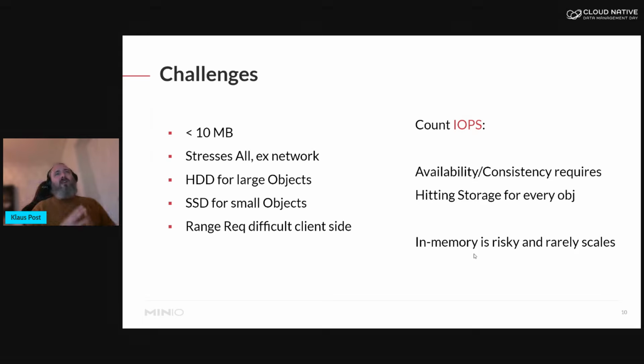Looking at small objects, you have things like range requests, which can also give subsections of bigger files, which enables you to have smaller sections in a big file.